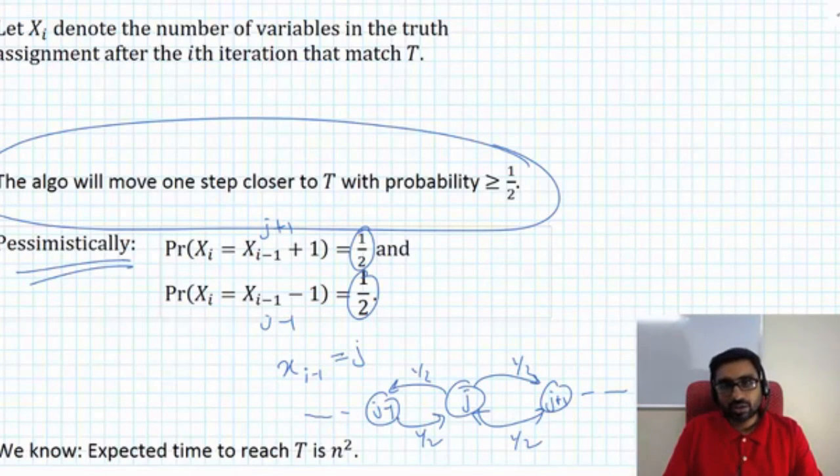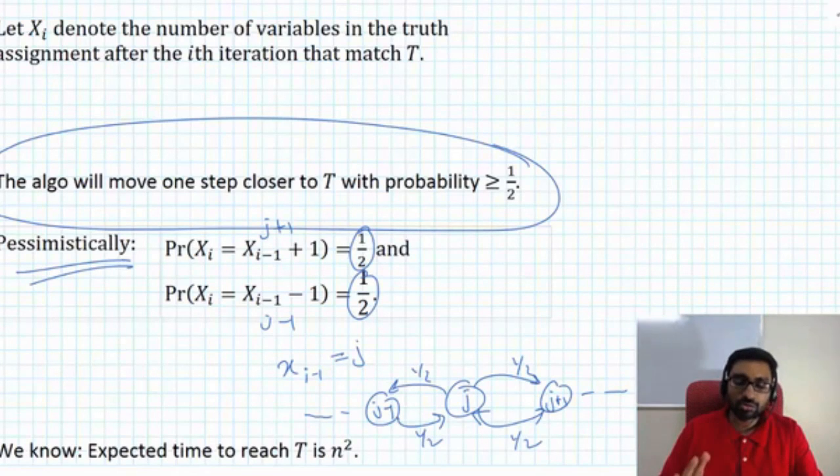The probability with which we transition to a particular state with a certain number of matches with the truth assignment T may depend on many historical facts.